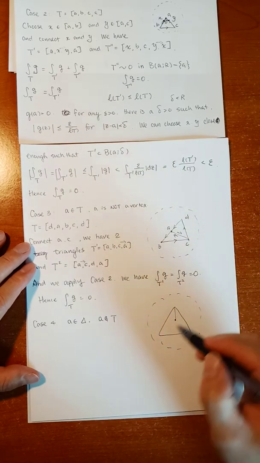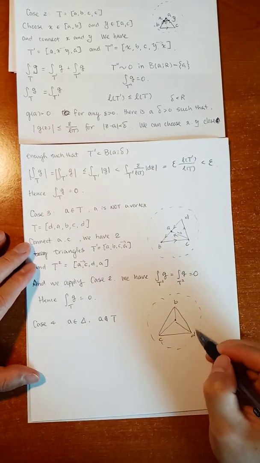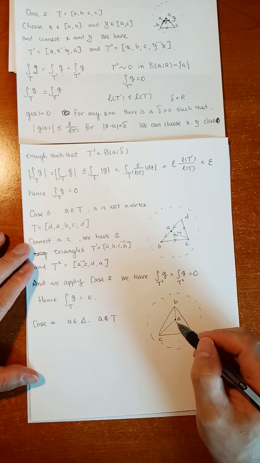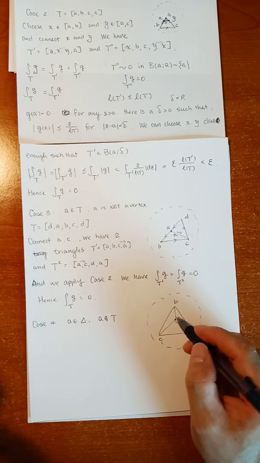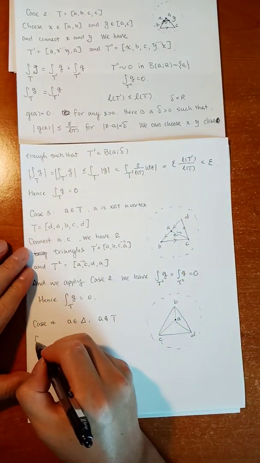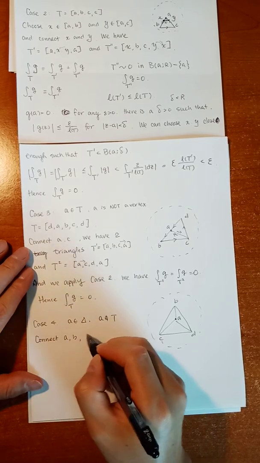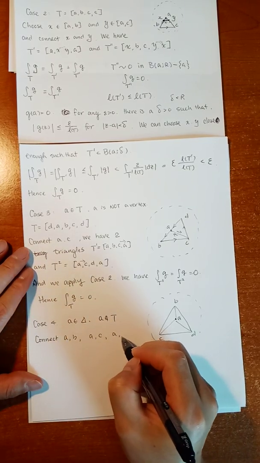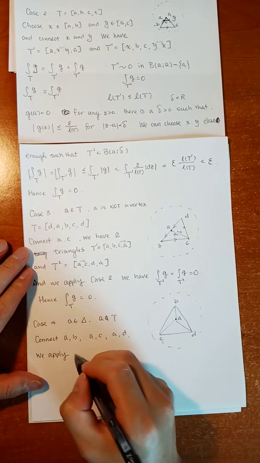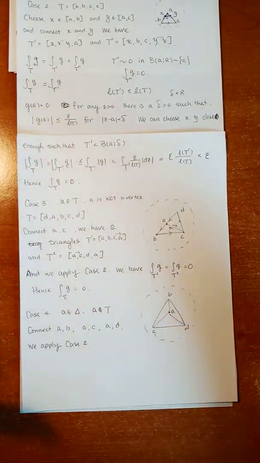If it's inside, we will connect A, B, A, C, A, D, and we will have 3 triangles, and all 3 triangles satisfy case 2, and we get it. So we apply case 2, we have the same result.